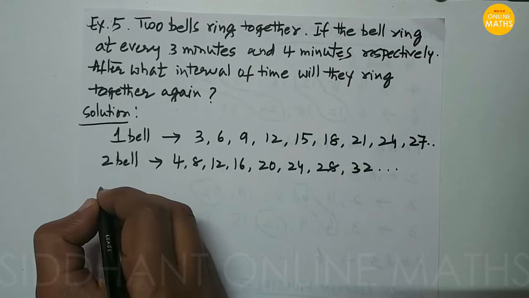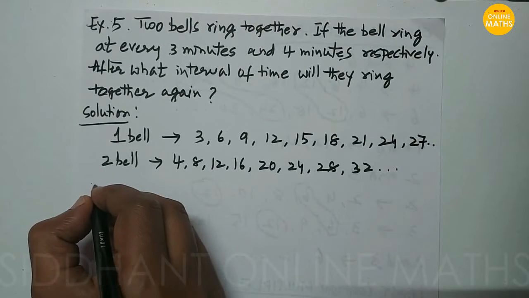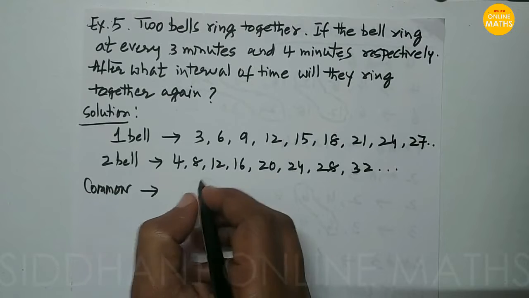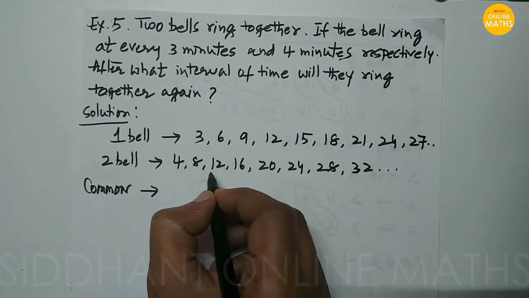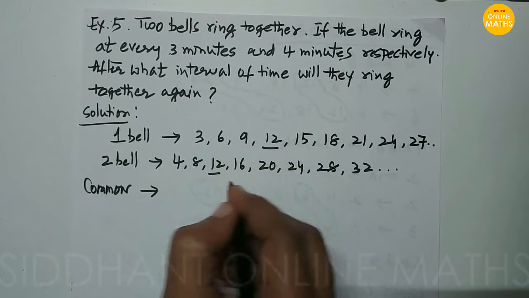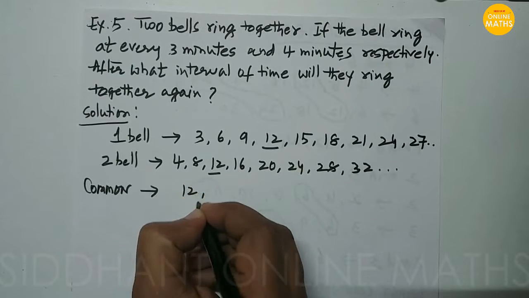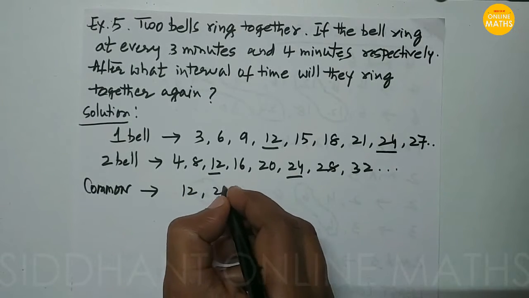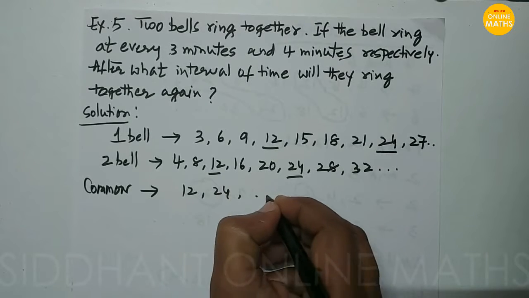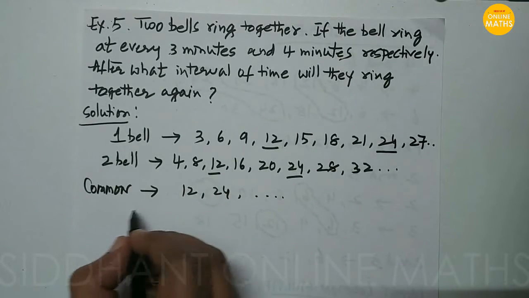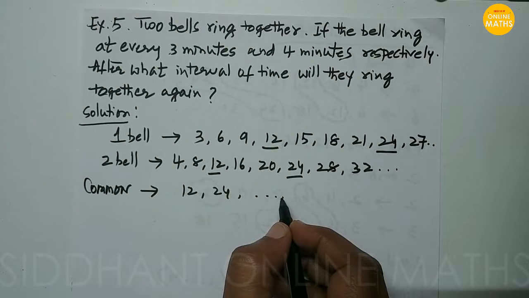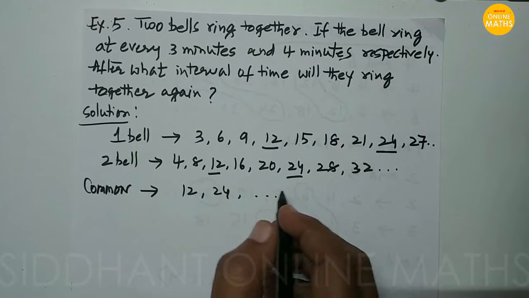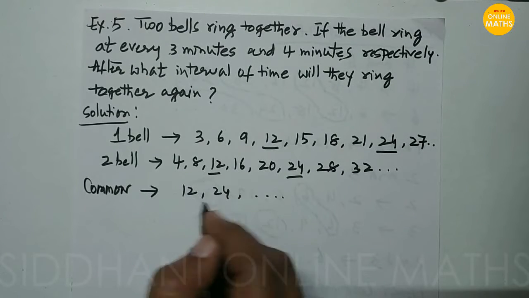The common intervals we see are at 12 minutes, when both will ring. Next it will ring together at 24 minutes, and so on. So these are the common multiples of 3 and 4.